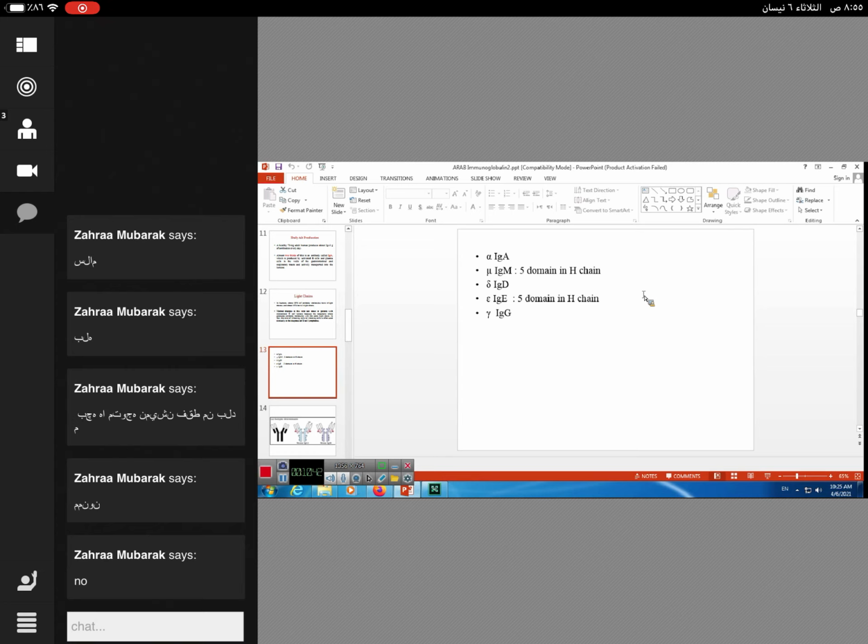There are 5 different types of heavy chain: alpha, mu, delta, epsilon, gamma. When antibody molecules have alpha chain, this antibody is named IgA; mu, IgM; delta, IgD; epsilon, IgE; and gamma, IgG.